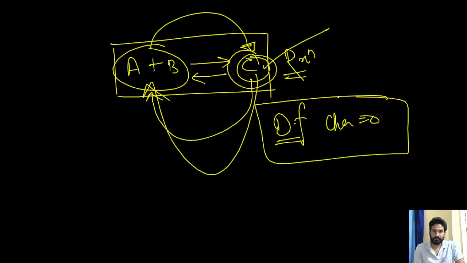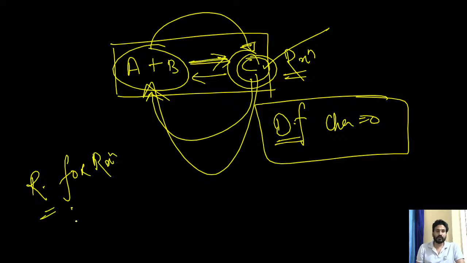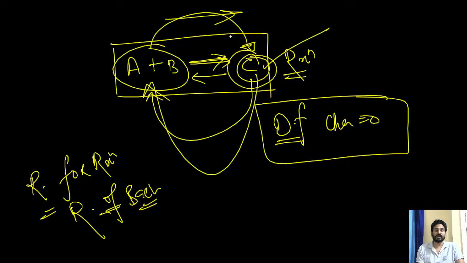So that driving force is 0, or you can say the rate of the forward reaction is equal to the rate of the backward reaction. Whatever amount of A plus B is converted into C, the same amount is converted back into A plus B.